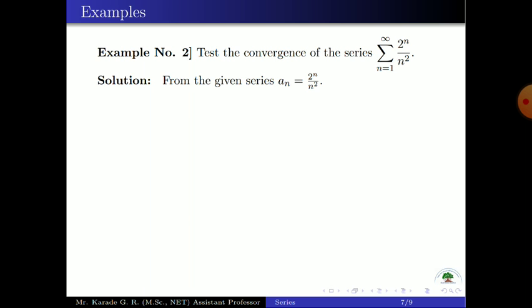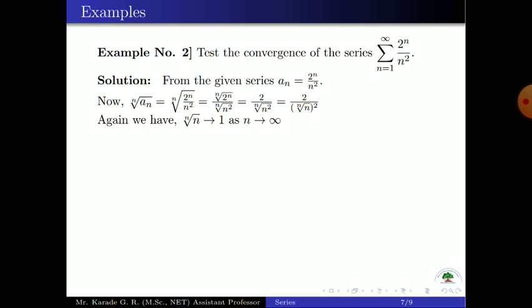So the nth term is the reciprocal of the nth term of the above series. From the given series an is equal to 2 raised to n divided by n square. Now take the nth root of an, and we see here the nth root of an is equal to 2 divided by the nth root of n, squared.